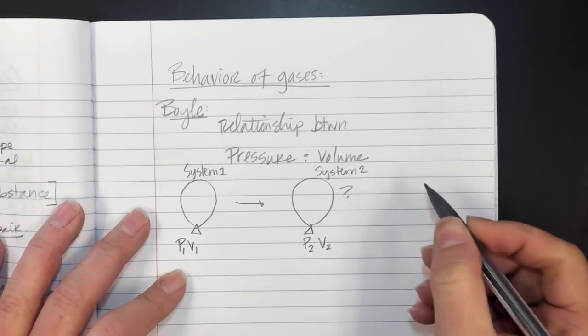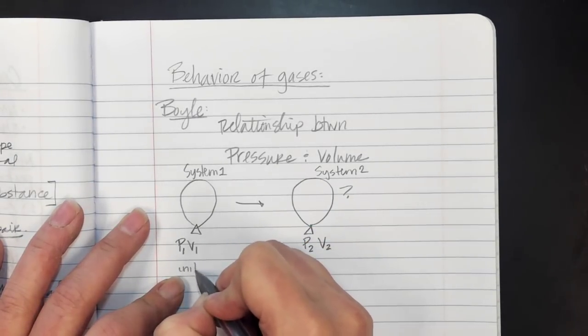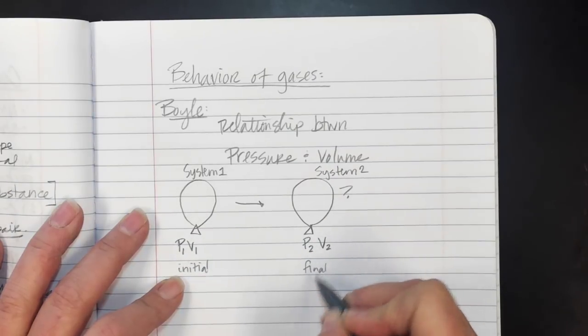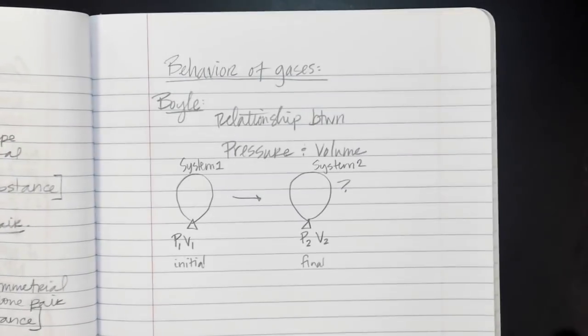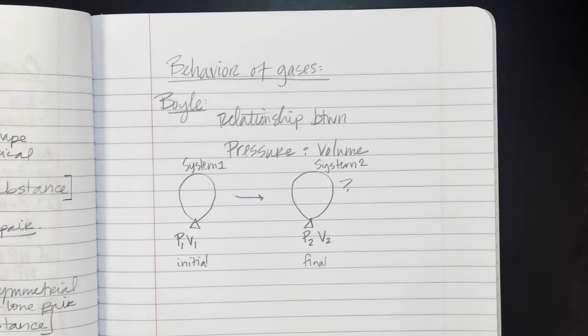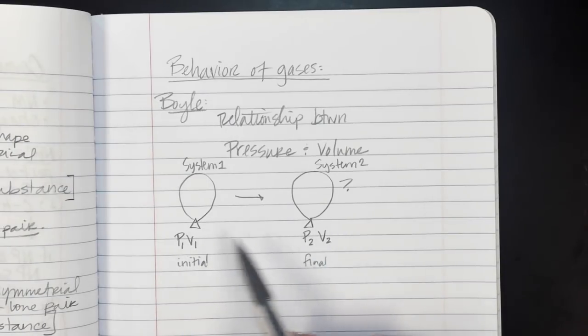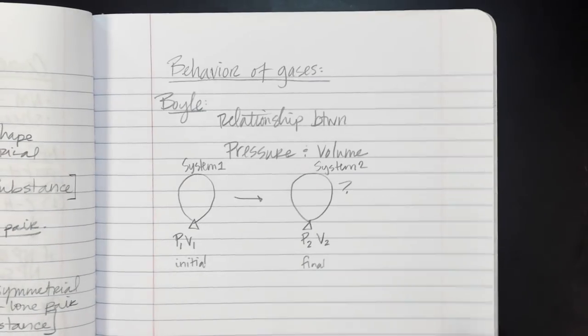We can also use initial and final. Both of those are fine, they are asking the same thing. In your periodic table, you're going to see that we use the 1s and 2s to indicate the initial and the final setup. So let's investigate the relationship between pressure and volume.